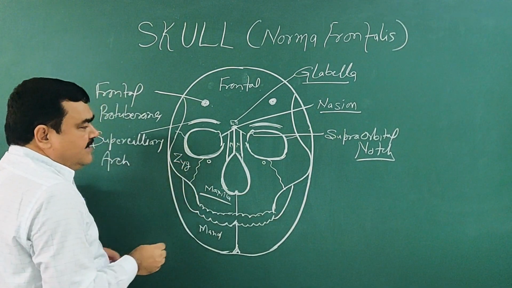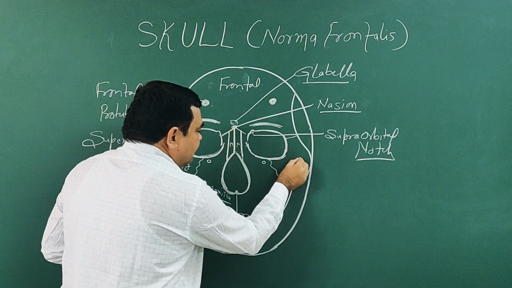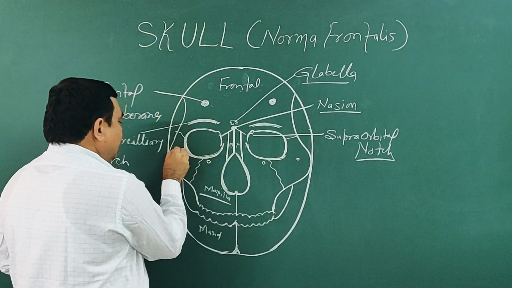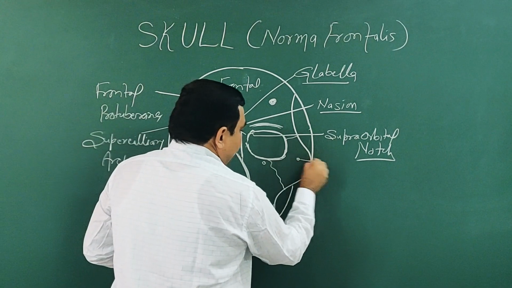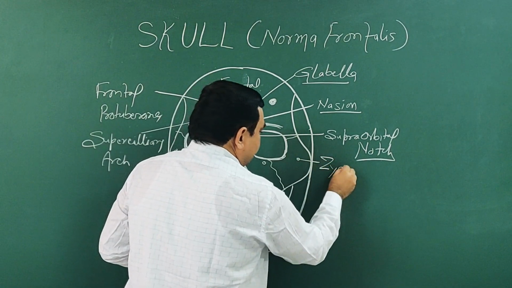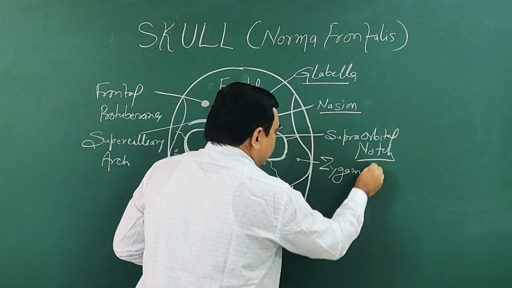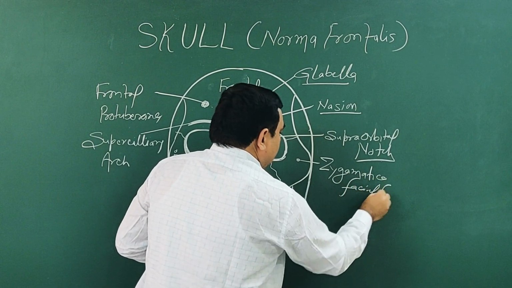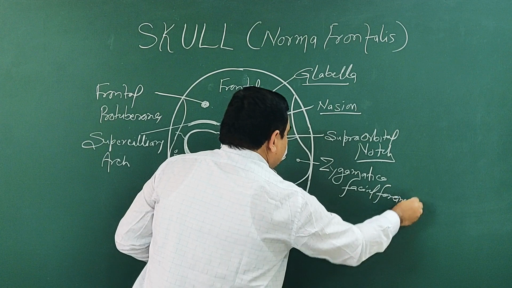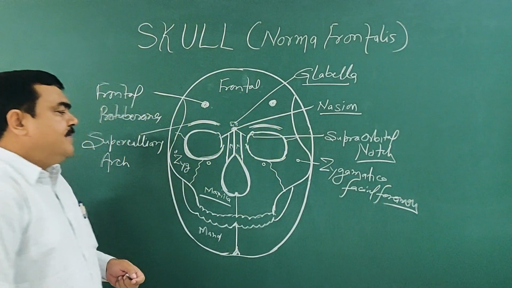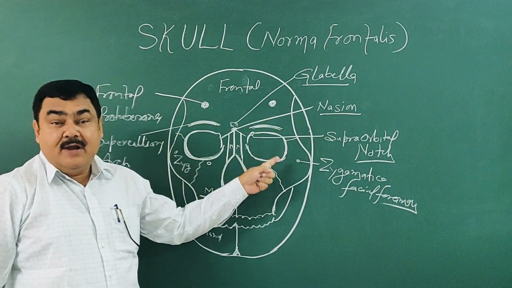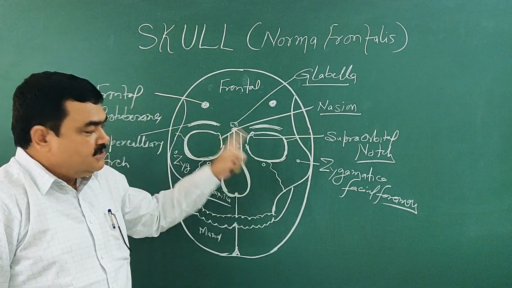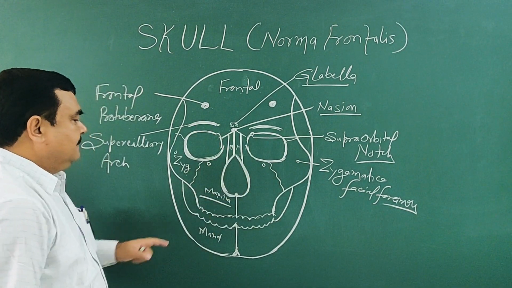And here in the zygomatic bone, a foramen is present. This is the zygomaticofacial foramen, through which the zygomaticofacial nerve and vessels pass.